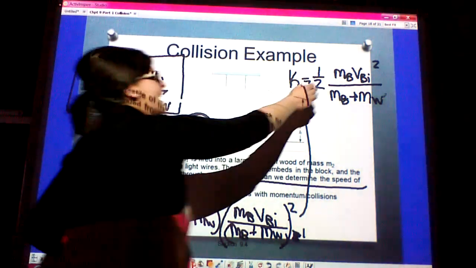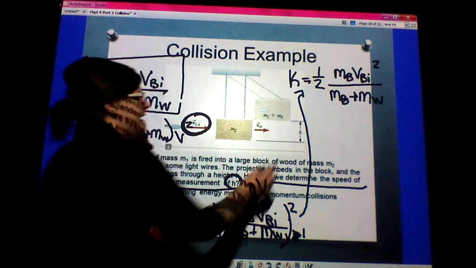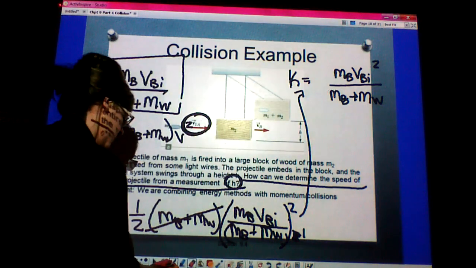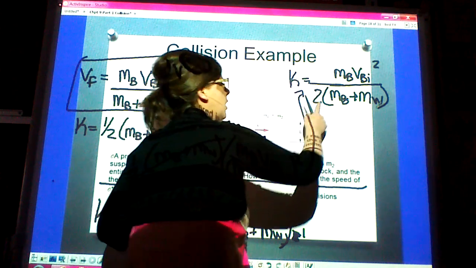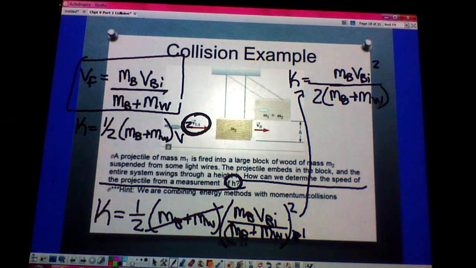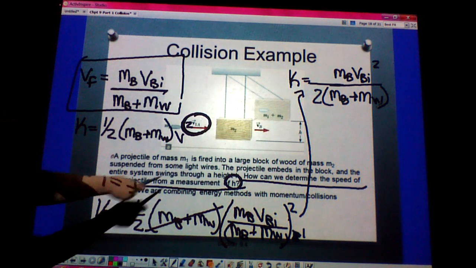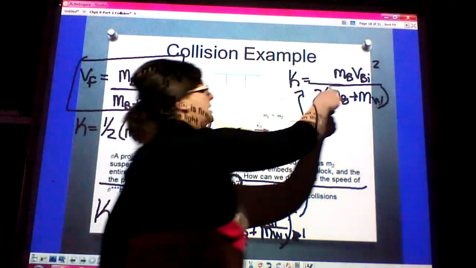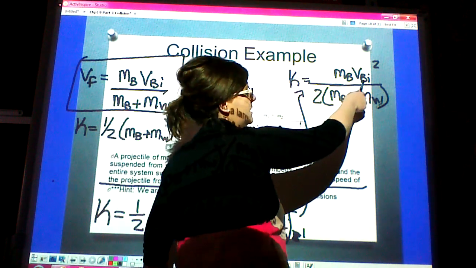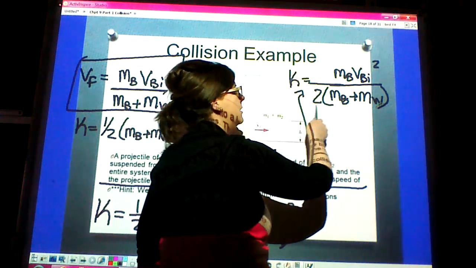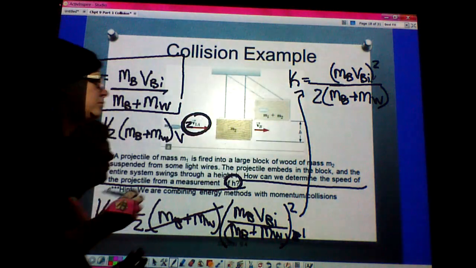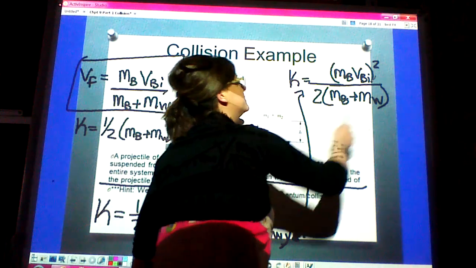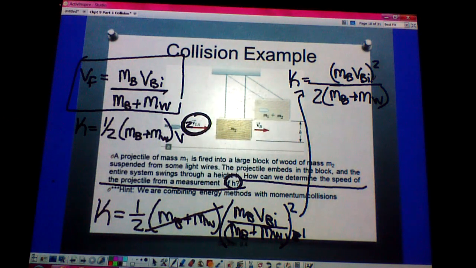And then instead of the 1/2 here, let's just say that this is 1 over 2 times the masses collectively. So my kinetic energy of this entire system is equal to the mass of the bullet times the initial velocity of the bullet, this whole quantity squared, guys, sorry, over 2 times the masses collectively. So this is just stuff that we know.